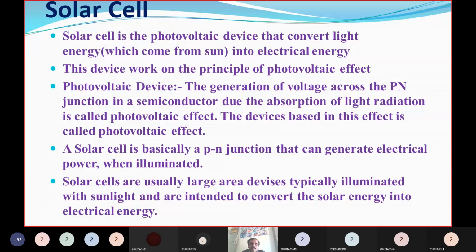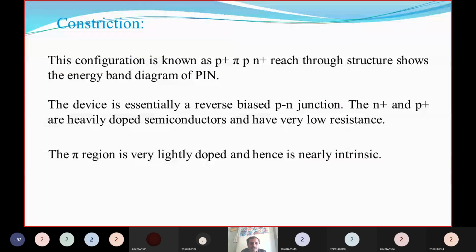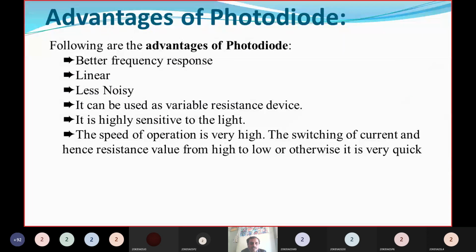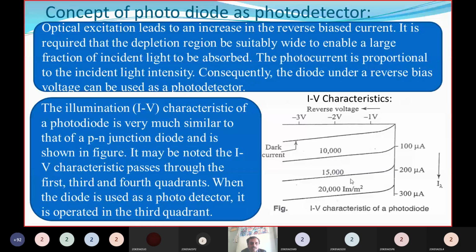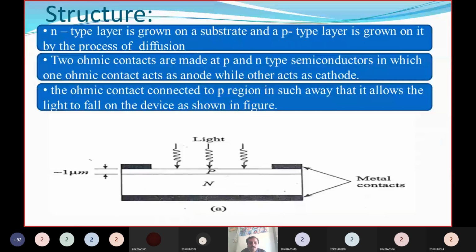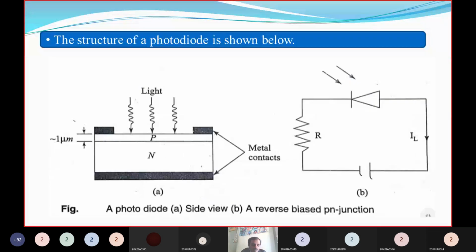The same principle is applicable here also. What is the difference, I will also explain. Before going to these diodes, I will explain the different constructions. This is the photovoltaic mode and this is the photoconductive mode. In the case of photodiodes, we are using the photoconductive mode.